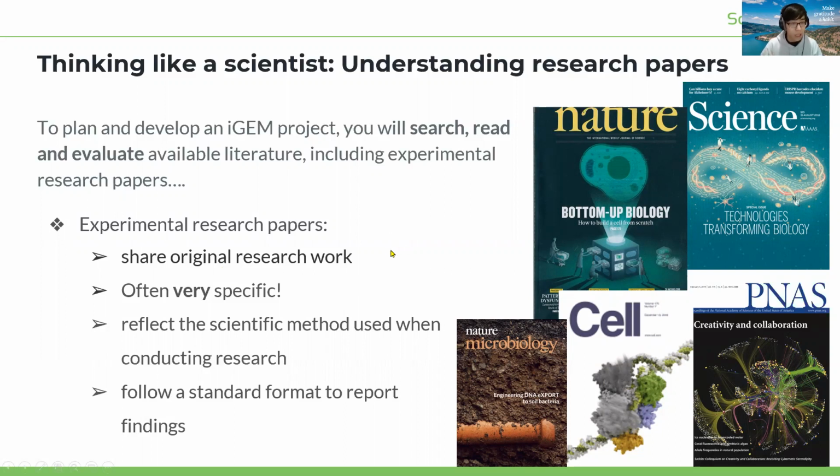Most experimental research papers are just called research articles. They're usually always original. You're technically not allowed to publish on something that has already been done before. That's plagiarizing, right? So it's always new work or additional work to disprove or support something.